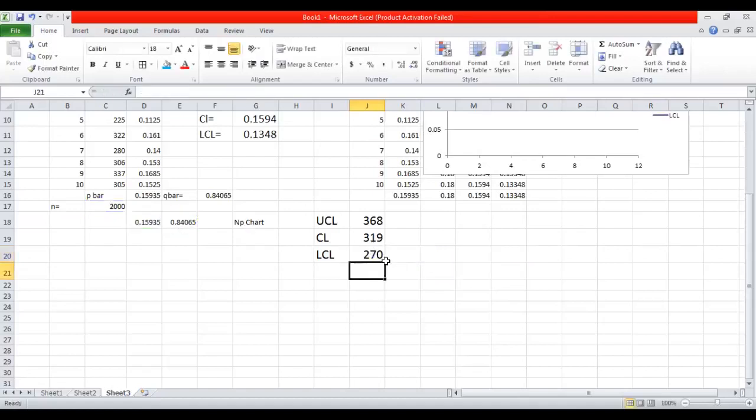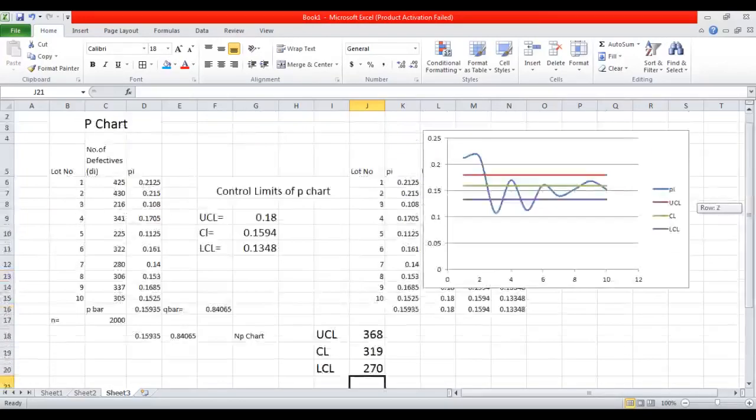So in this way, we can create the UCL, CL and LCL values. So here, which values are you going to plot? Instead of P values, we are going to consider D values, which are directly given in the question.